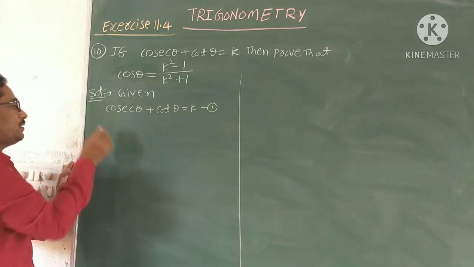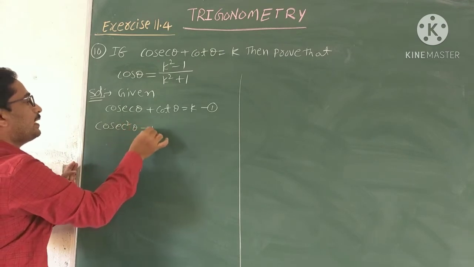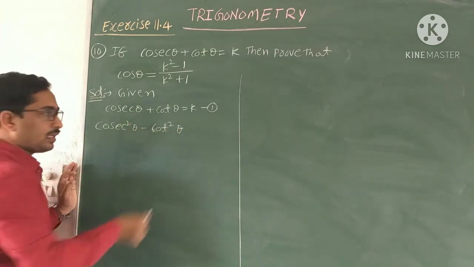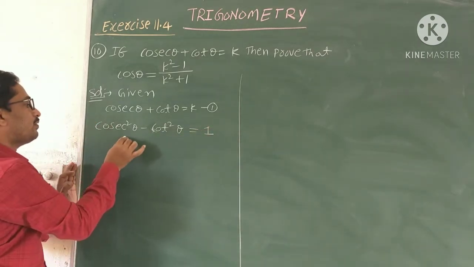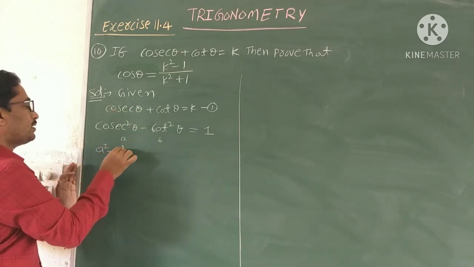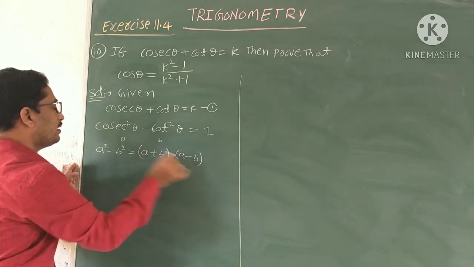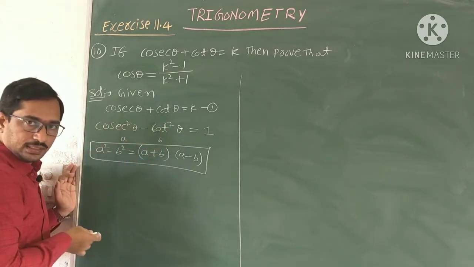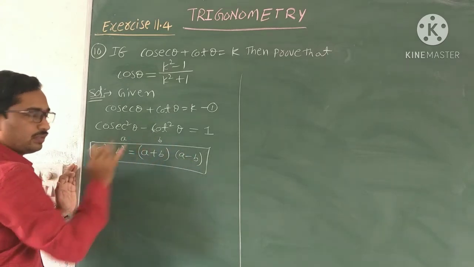We have the identity related to these two terms: cosec square theta minus cot square theta equals 1. Again it is in the form of a square minus b square, which equals a plus b into a minus b. A value is cosec theta, b value is cot theta.